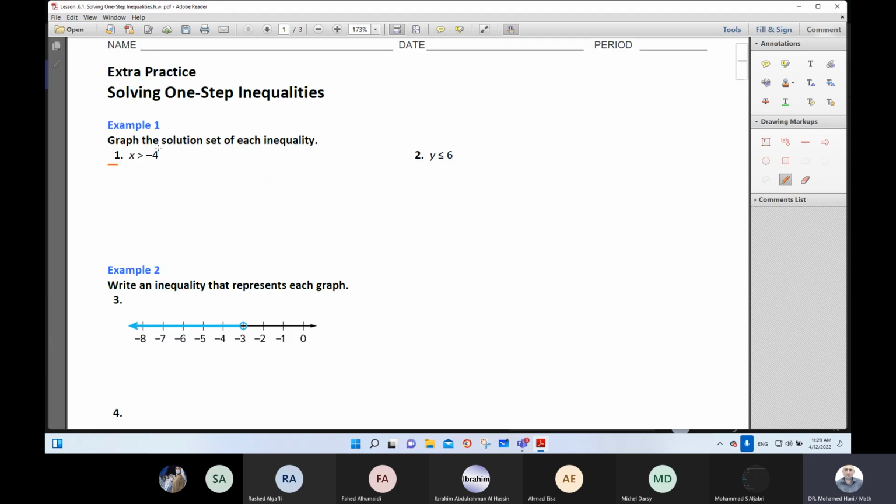The question here: graph the solution set of each inequality. X greater than minus 4. The first step, we can draw the number line, representing 0 in the middle. Now to the right, we have the positive side, 1, 2, 3, etc. To the left, we have the negative side.